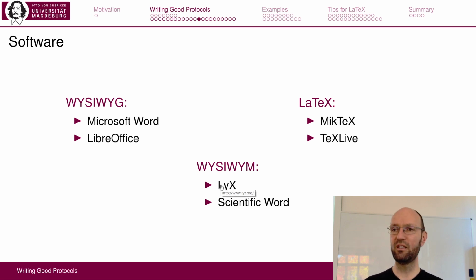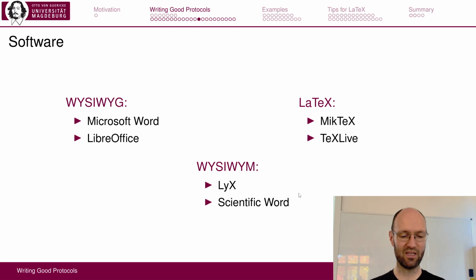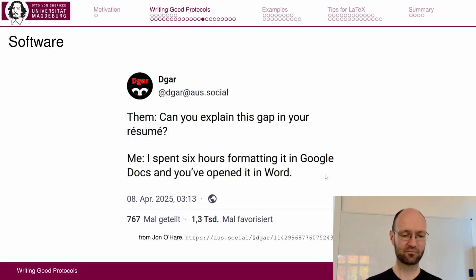And in Overleaf, I think there's now a rich text editor, where you also see a little bit directly, okay, this is a heading, this is a section, this is a subsection. It does something like this, so that you don't just see the source code and somehow need to parse it in your head. But okay.